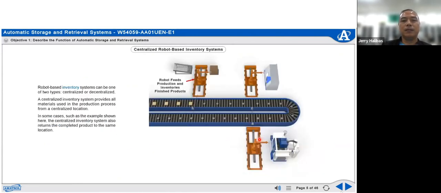The inventory system could be centralized or decentralized. Here you can see that the robot feeds production and inventories finished products. Usually it is called FGW.